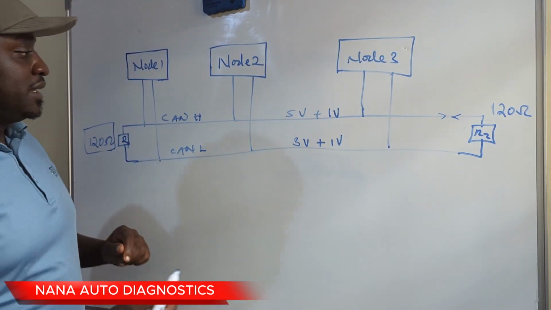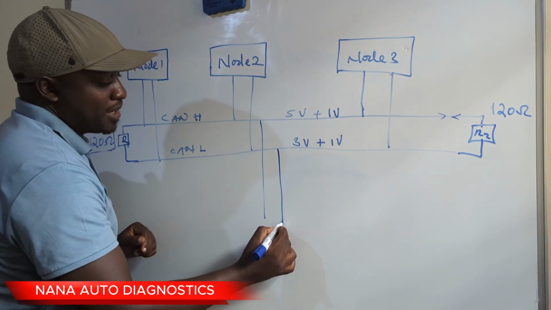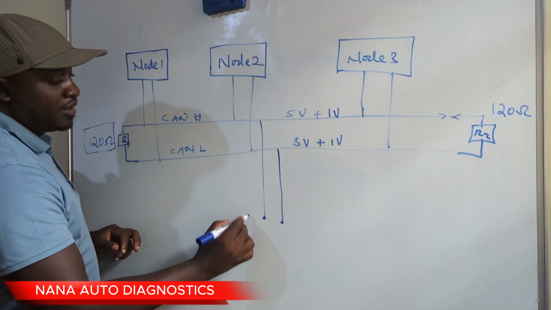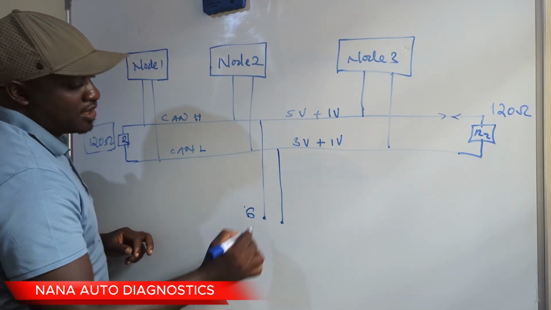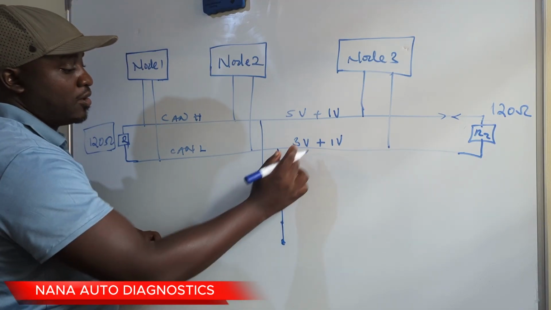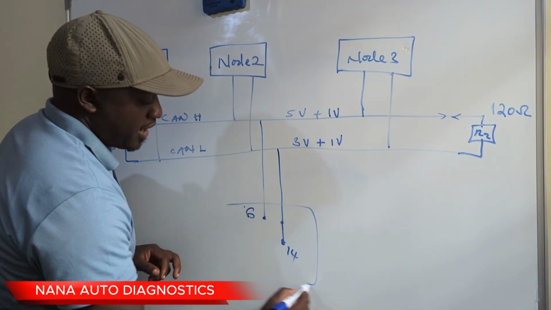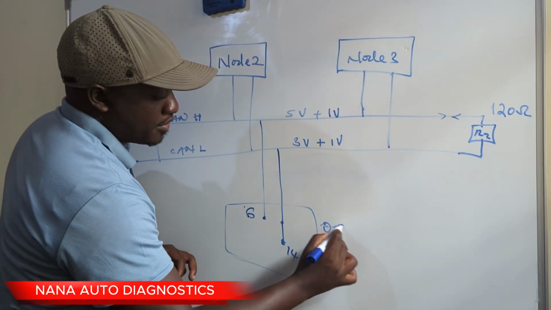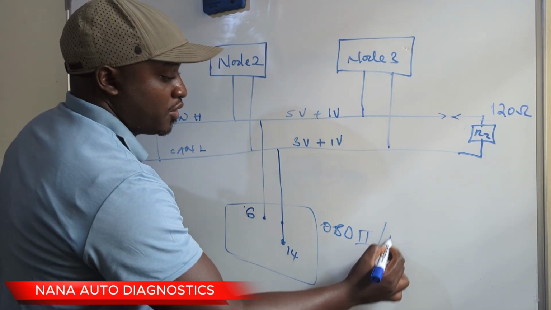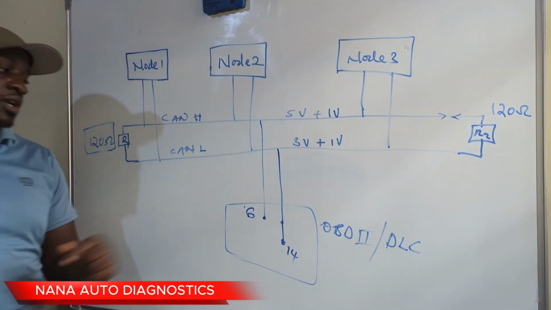And usually this is measured from the OBD2 port. Now CAN high is on pin 6 on the OBD2 port, and CAN low is on pin 14 on the OBD2 port, or most know it as the DLC, which is the data link connector.